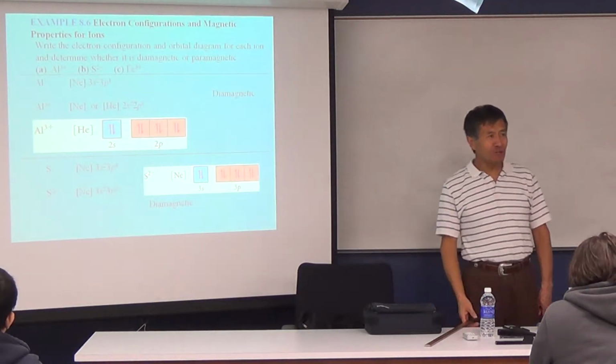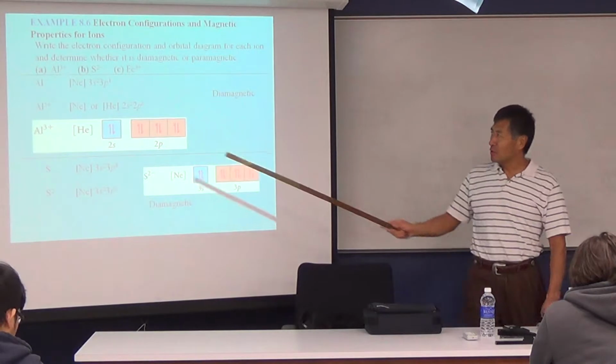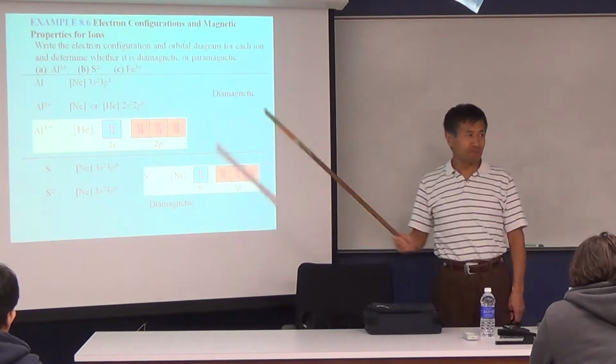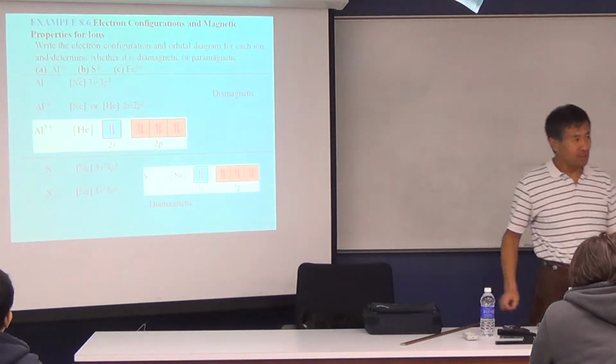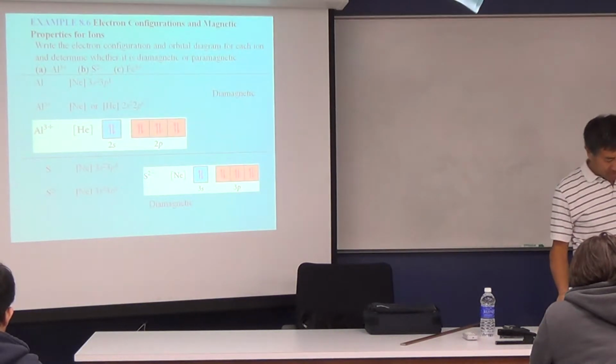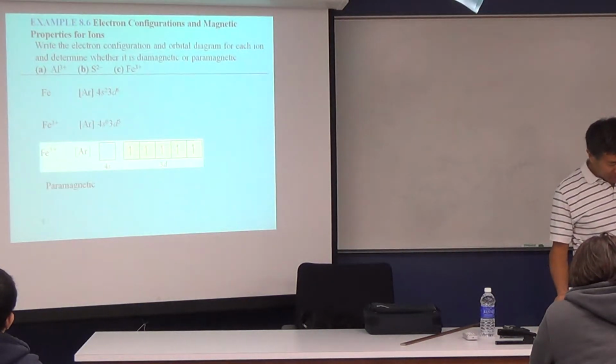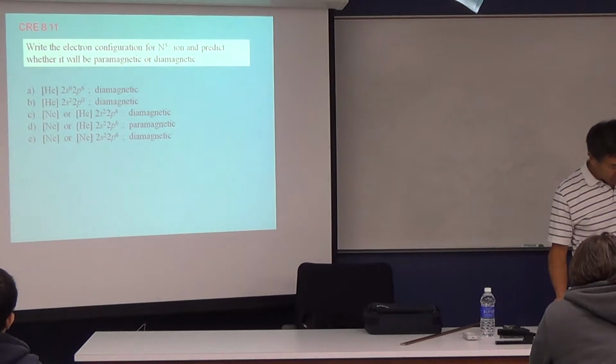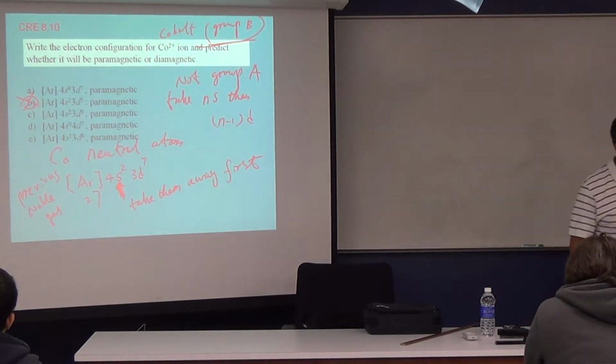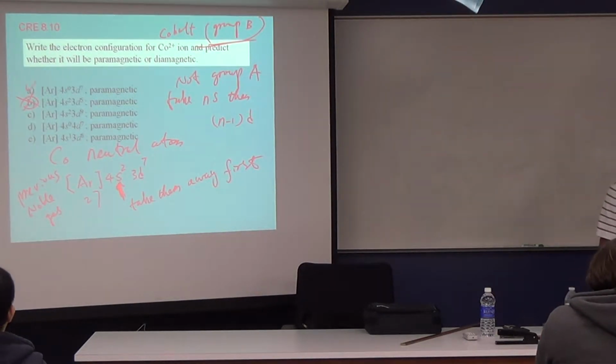But technically, which one do you take away first? You take away from that 3P first. Right? I think let's see if you really get it or not. The result is A, right? So the answer is A.